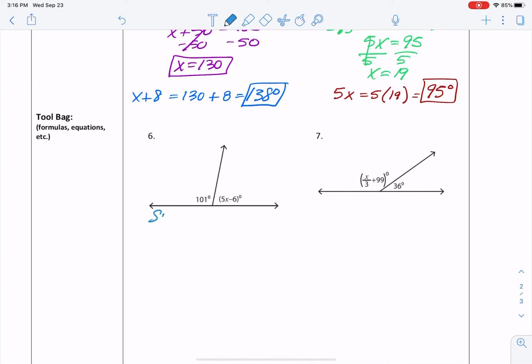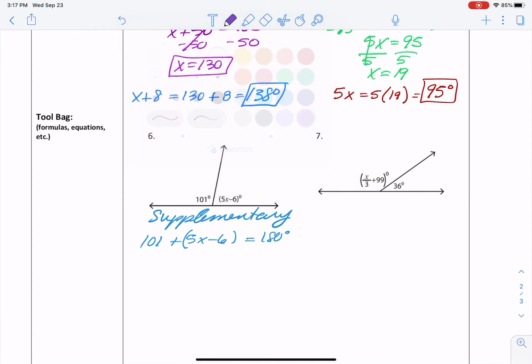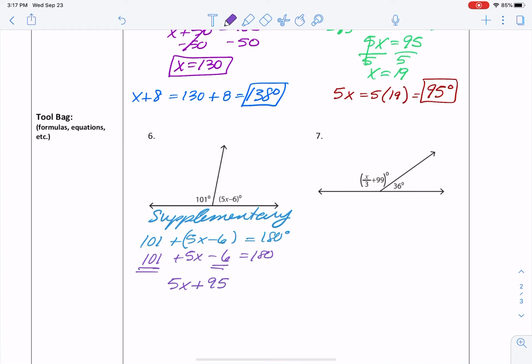So again, this is supplementary. Which allows me to say that 101 plus 5x minus 6 equals 180. I can remove the parentheses. 5x minus 6 equals 180. Combine like terms, and I get 5x plus 95 equals 180.